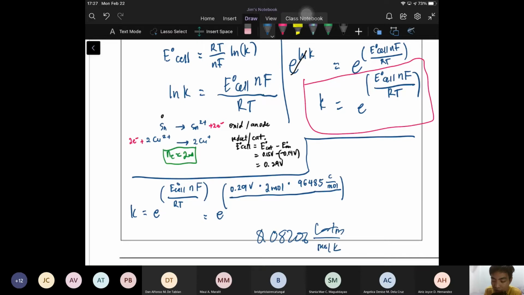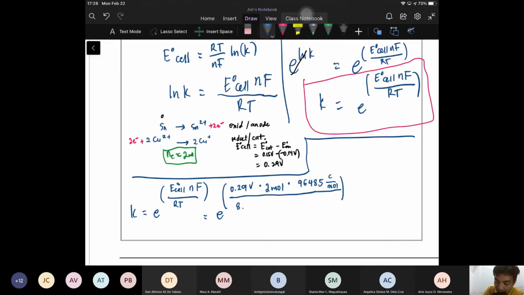Pero kapag energy unit, ang gagamitin mong R value will be 8.314 J per mol K. Pwedeng 0.08206, pwedeng 8.314. In this particular case, yung energy gagamitin natin, itong 8.314.